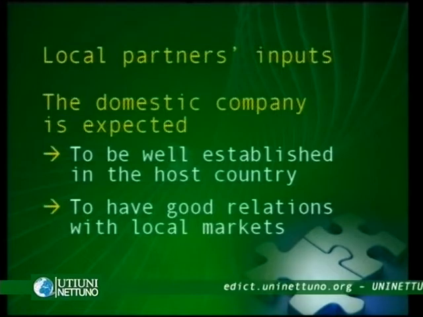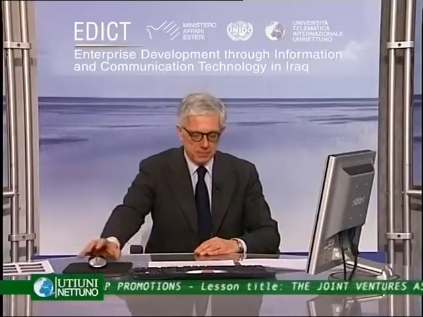So it is very important that the domestic company must be strongly rooted in its environment, its economic, but also institutional environment, so it can assure the joint venture to be well accepted by local institutions and first of all by local government, and that it has very effective relations with the local markets.